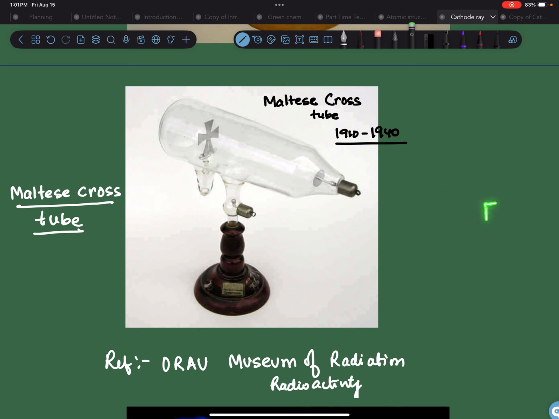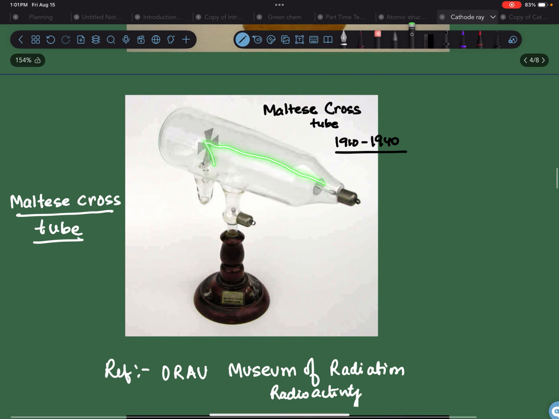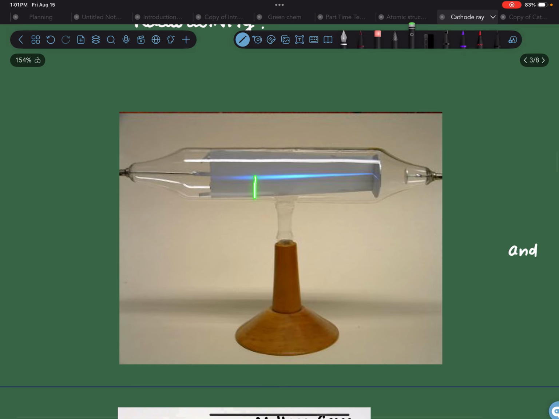He put this cross, which is a Maltese cross, in the path of cathode rays. This radiation is called cathode rays. The name was given by Goldstein, cathode rays, right?